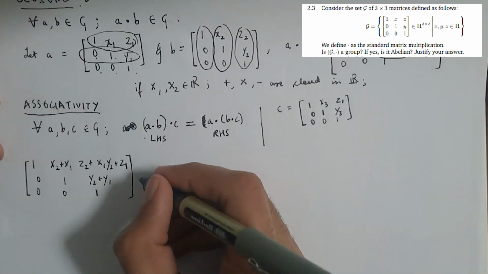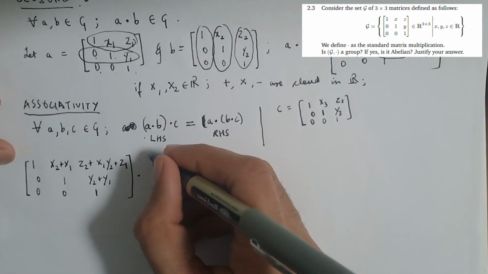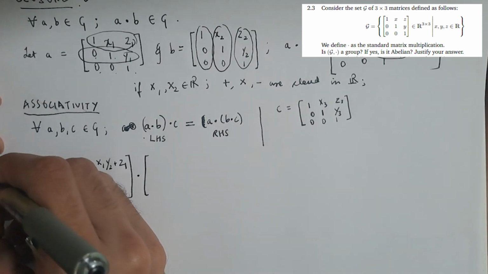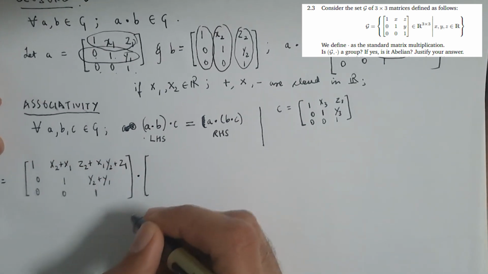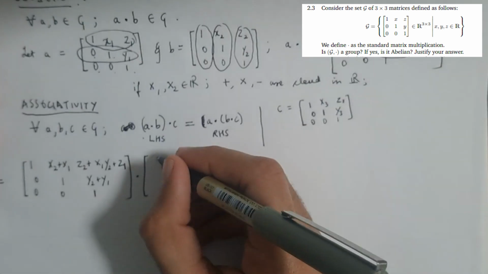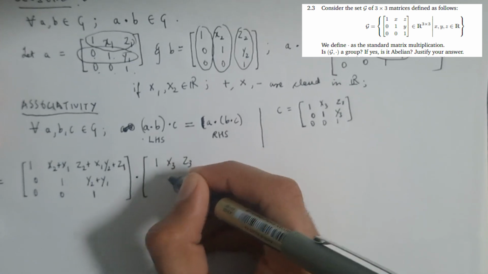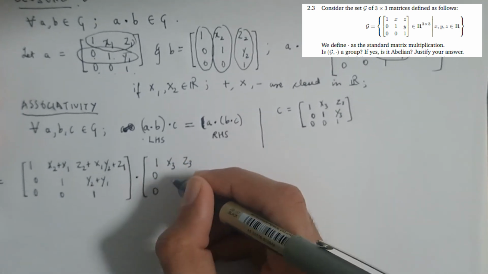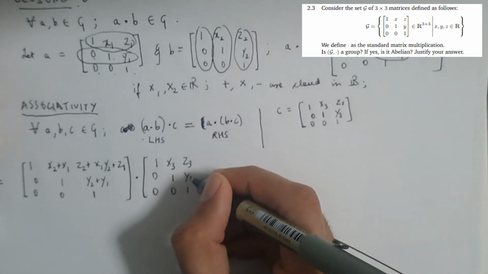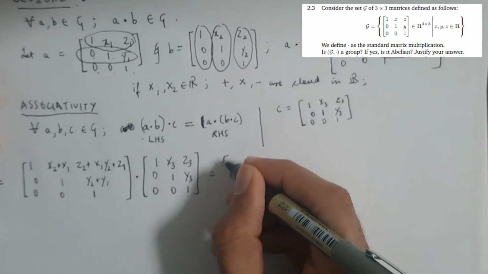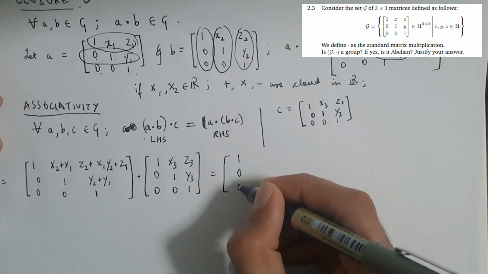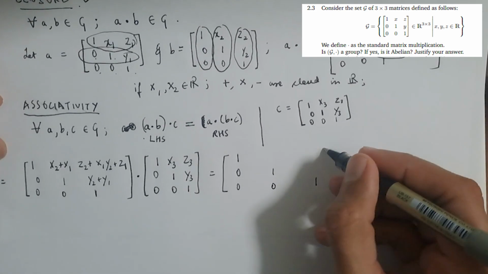And then dot C would be this, so this is entirely the LHS. And here we expect 1, x3, z3, 0, 0, 1, 0, 1, y3. Now we already know that this will be 1, 0, 0, 1, 0, 1.